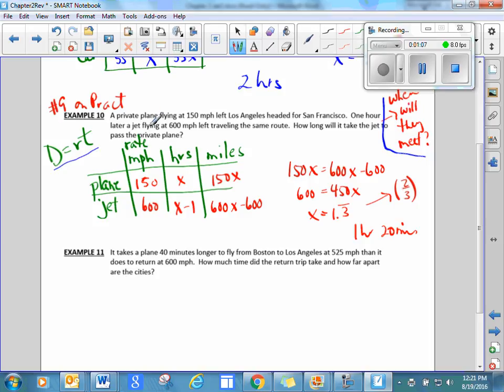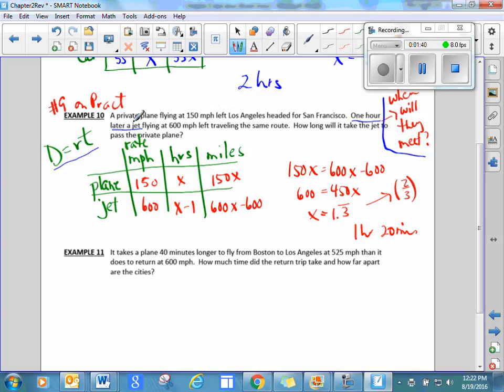So what's important here, when you set up your players, the plane and the jet, obviously you can fill in the rate in miles per hour, 150 and 600. What's important about the time is that you recognize this little statement right here. 1 hour later, a jet leaves. So the private plane leaves first, going pretty slow, and then an hour later, this jet leaves going really fast.